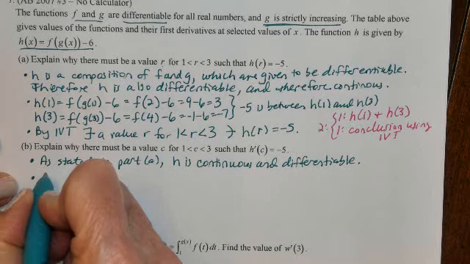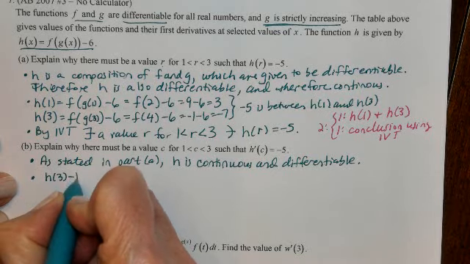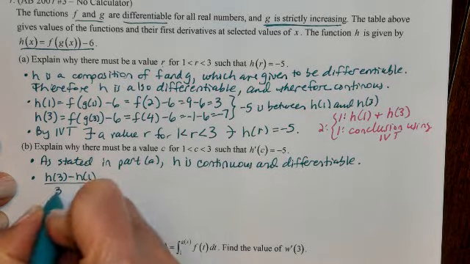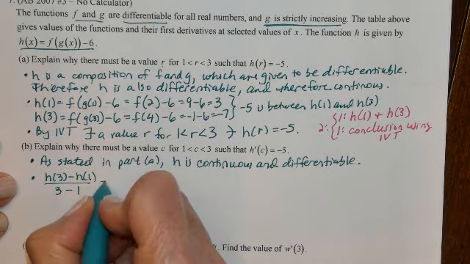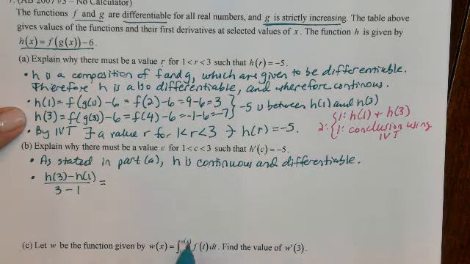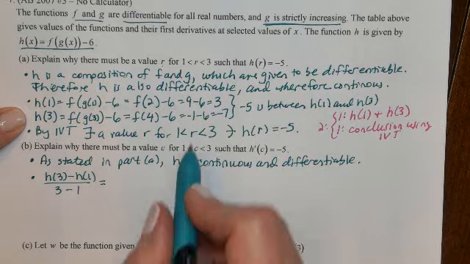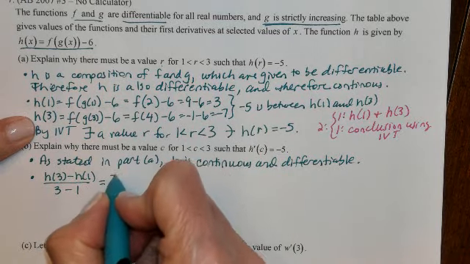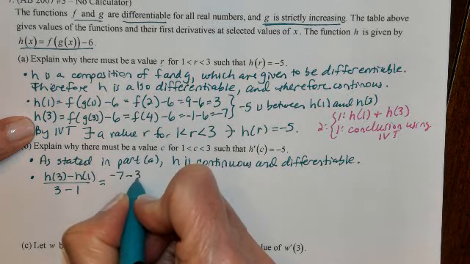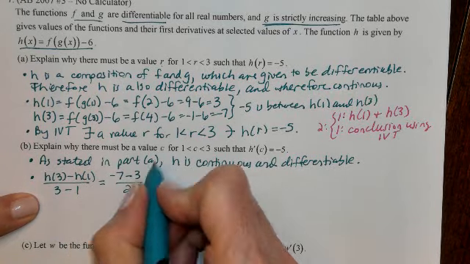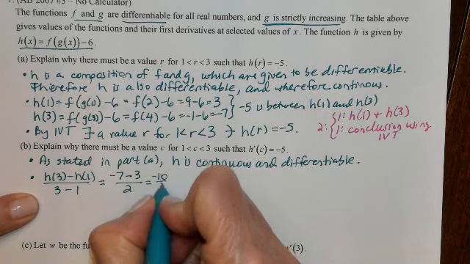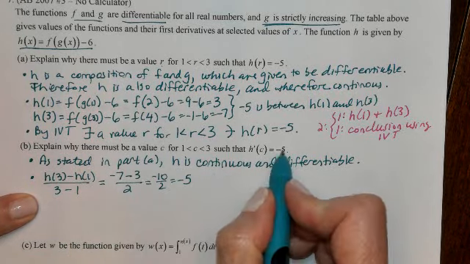So h of 3 minus h of 1 over 3 minus 1, that's our average slope, right? Is equal to, I found both of those up in part A, right? Is equal to -7 minus 3 over 2. That's -10 over 2, which is -5.